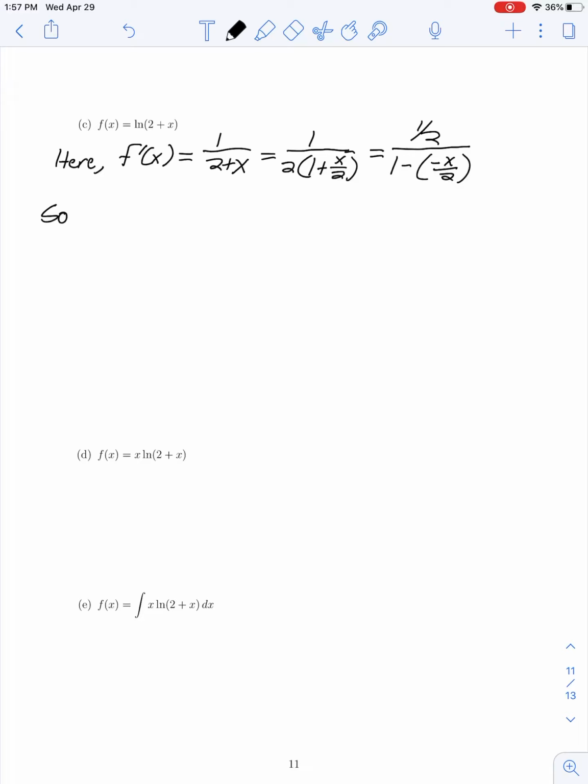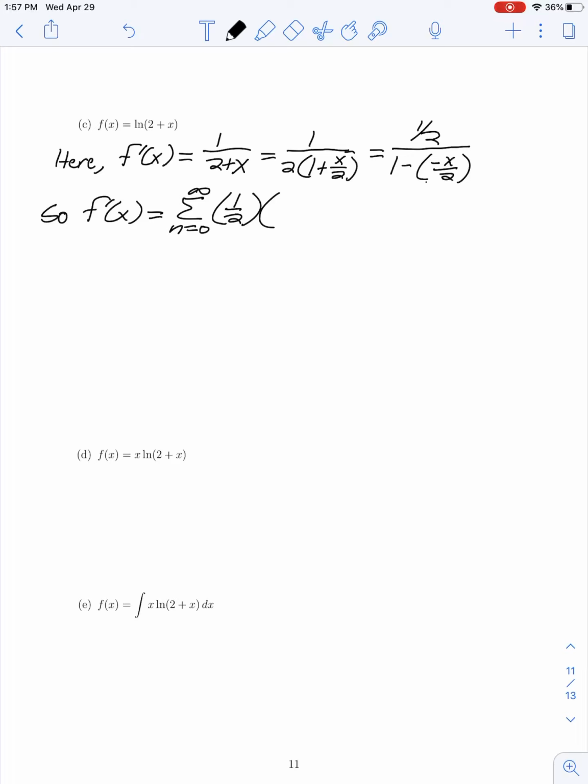So the derivative of our function, f prime of x, I can rewrite as the sum from 0 to infinity of a, which here would be 1/2, times r to the nth.